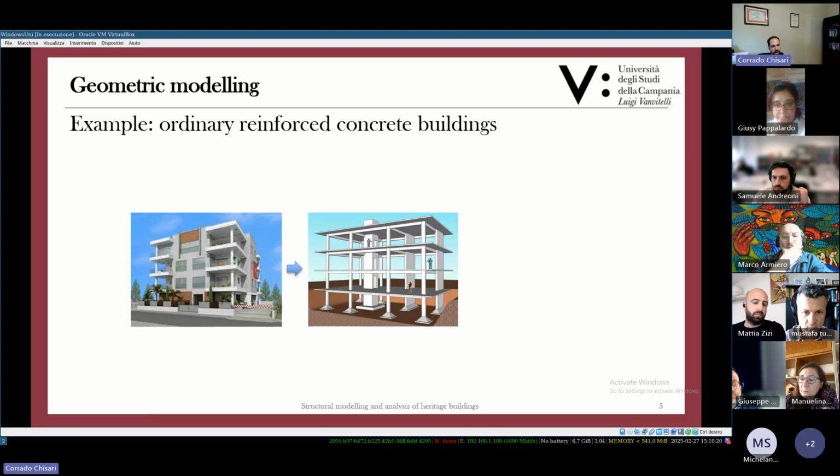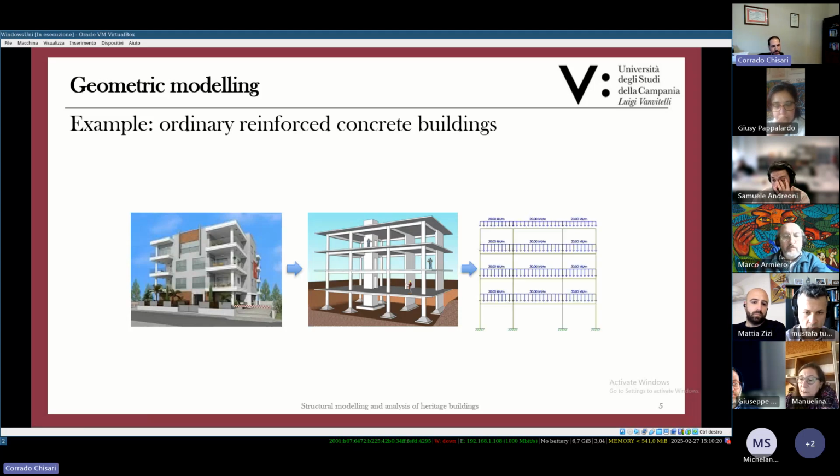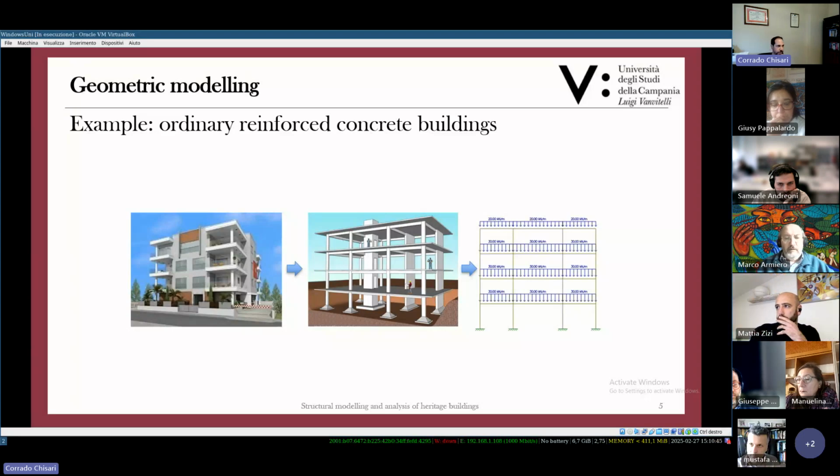The further step is to create a model. A model, in this case, is a very simple representation where all these elements are represented by mathematical objects, in this case one-dimensional elements, which, subjected to some loads, can deform, and we can predict the deformation they have.